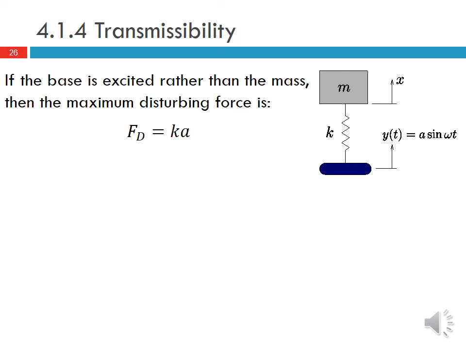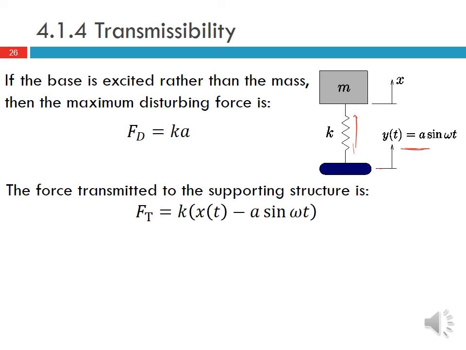Now, if the base is excited rather than the mass, then the maximum disturbing force is now Ka. Here we're applying the excitation to the base. The maximum disturbing force, which is the force applied to the mass, is coming through this spring now. So the maximum force in the spring is going to be Ka.